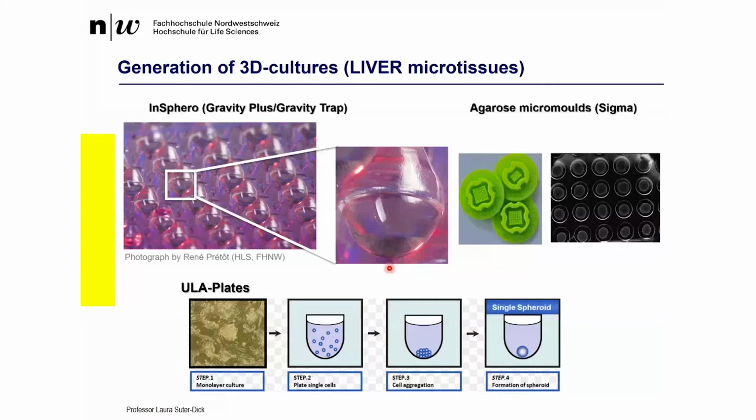You generate the cell suspension and you put this cell suspension in this ULA plate. The cells will go to the bottom, but they will not be able to attach to the plastic, and they will self-assemble into a little ball and generate a single spheroid or microtissue. And we will see in a minute how this works practically.